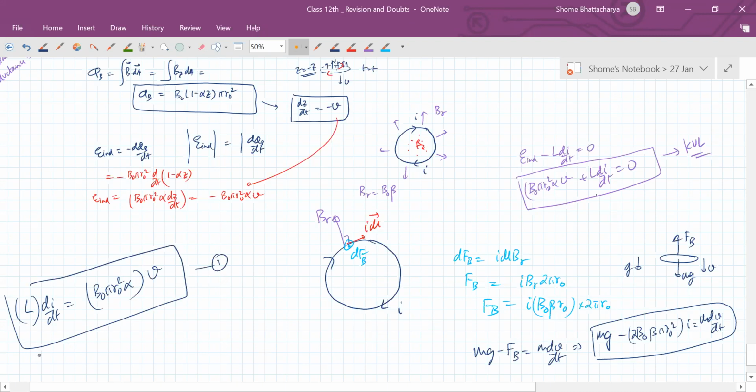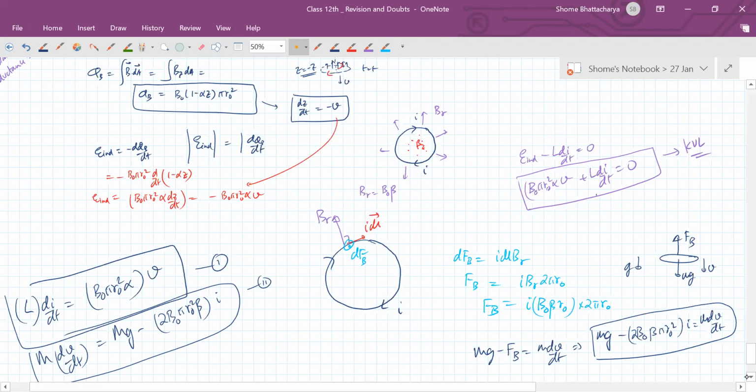And here you have m dv by dt is equal to mg minus 2 B naught pi r square beta into I. Okay.